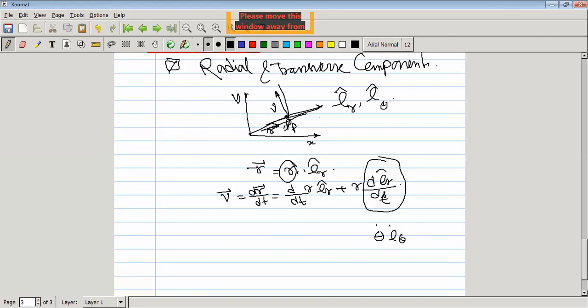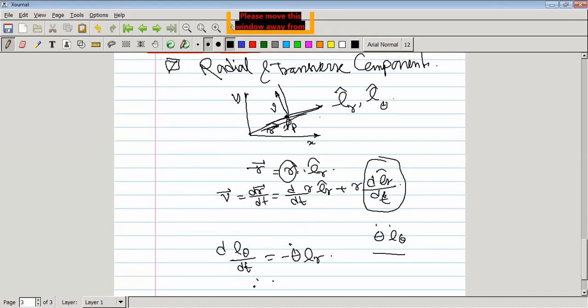You can solve how this comes, same thing. And de theta by dt is nothing but minus theta dot er.